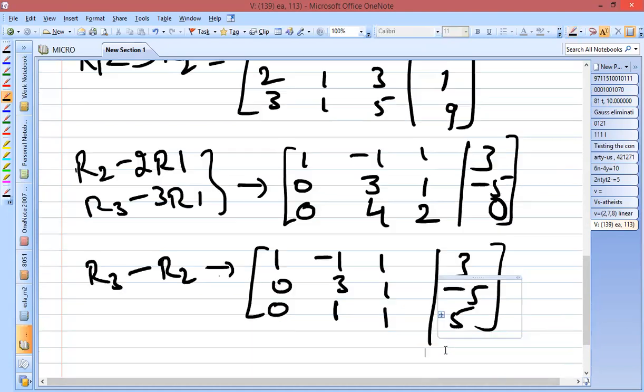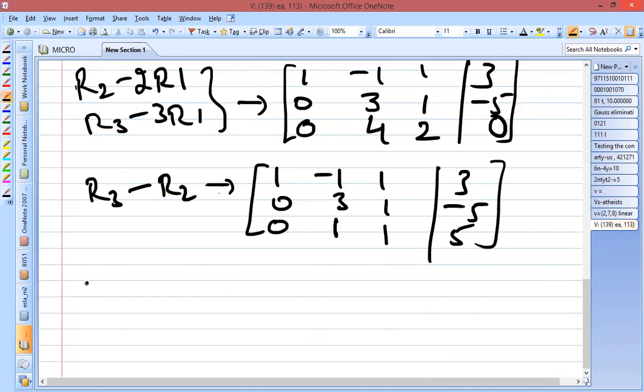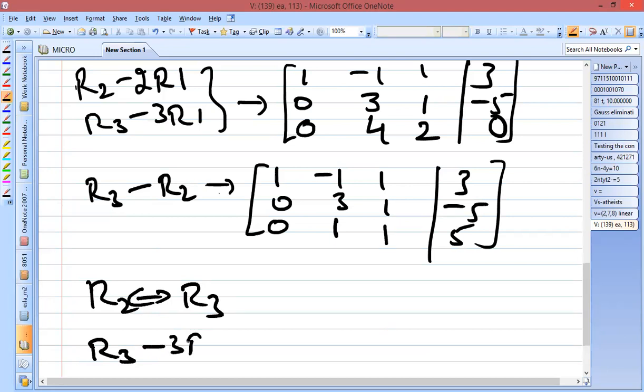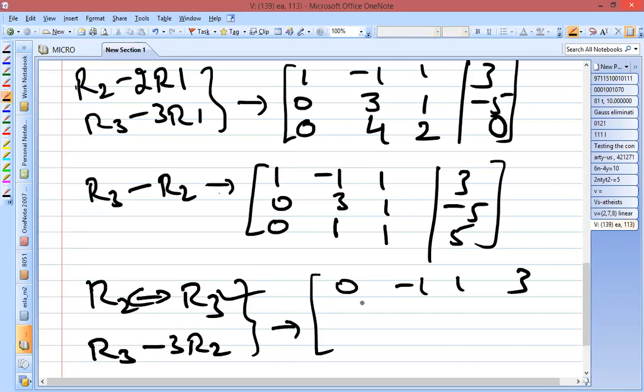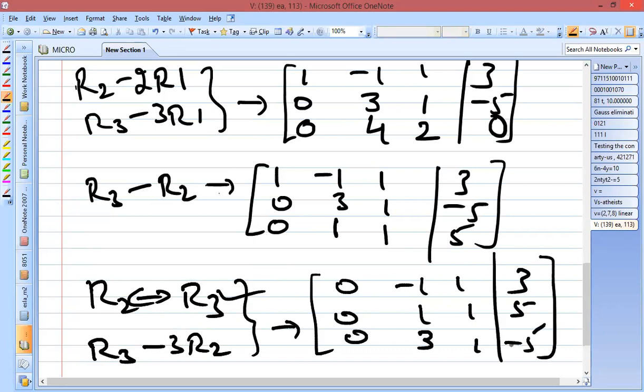Next, exchange R2 with R3, rewrite, and then perform R3 minus 3 R2. Tell me whether it results in any zero vector. First I will write this: 0, -1, 1, 3, and exchanging, 0, 1, 1, 5, and here we write 0, 3, 1, -5.